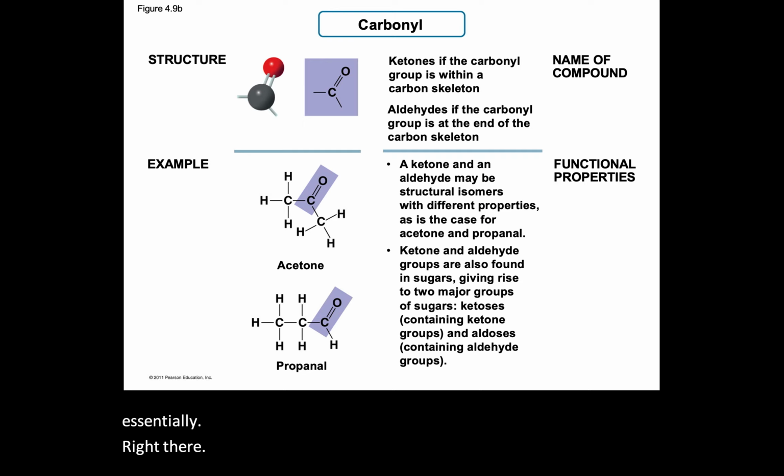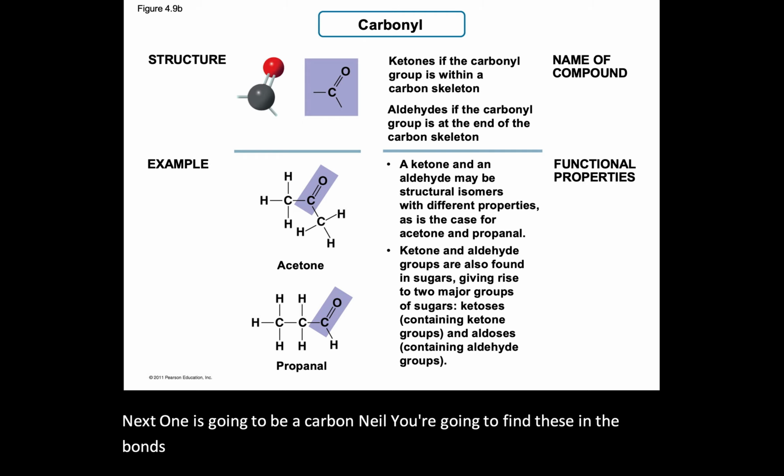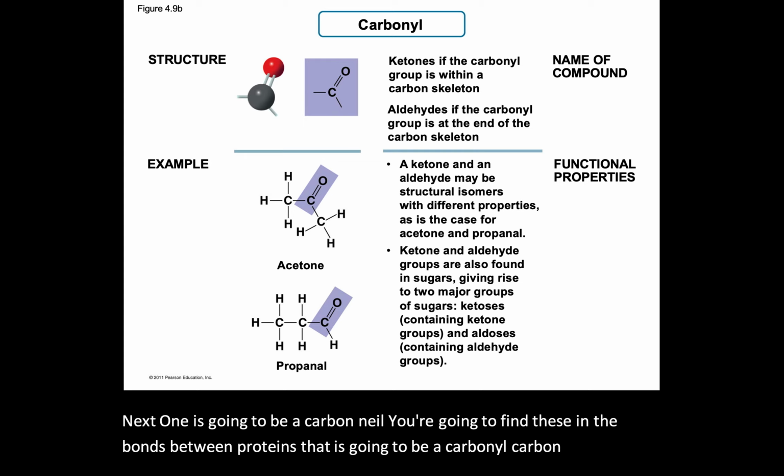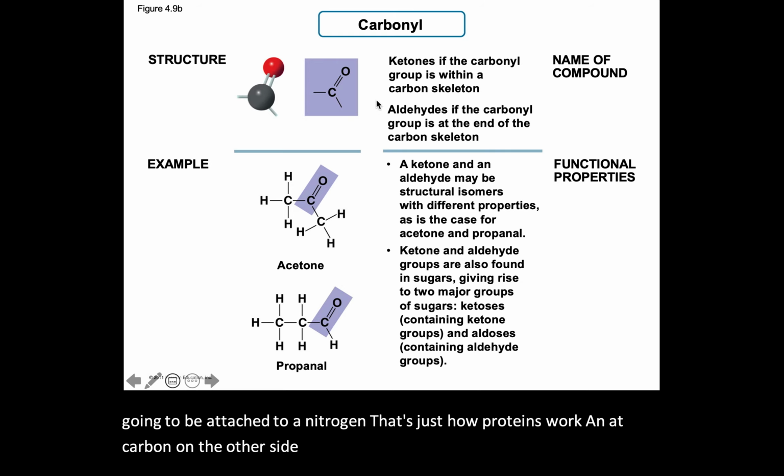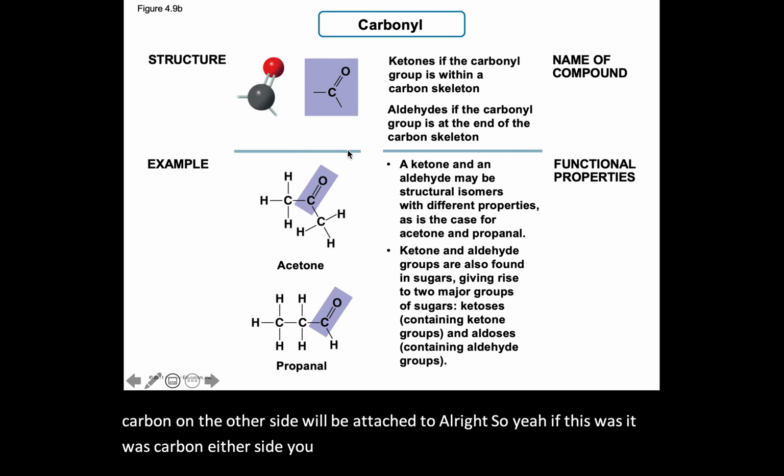Okay. Next one is going to be a carbonyl. You're going to find these in the bonds between proteins. There's going to be a carbonyl carbon, and that is going to be attached to a nitrogen. That's just how proteins work. And a carbon on the other side it'll be attached to. All right, and so if there was carbon either side, you could call this part a ketone.